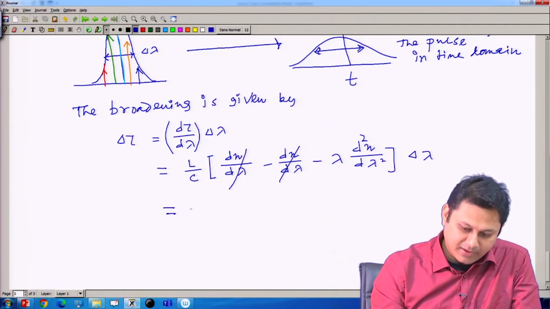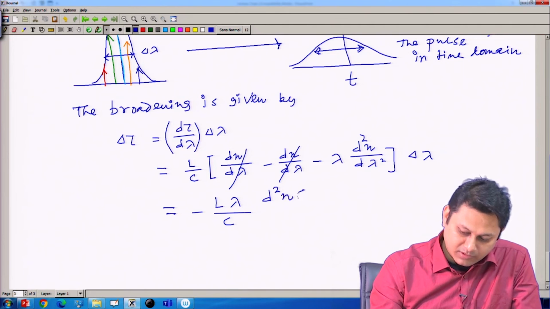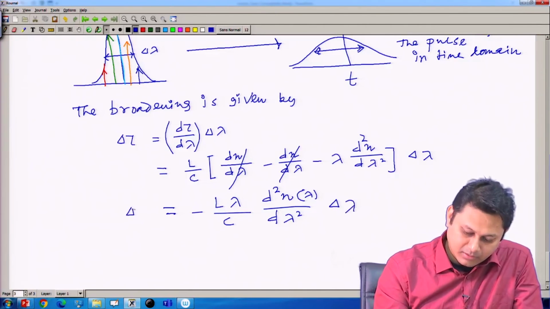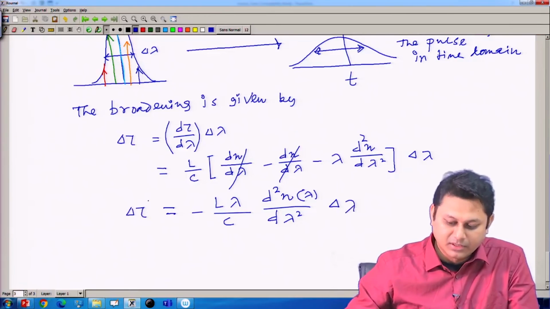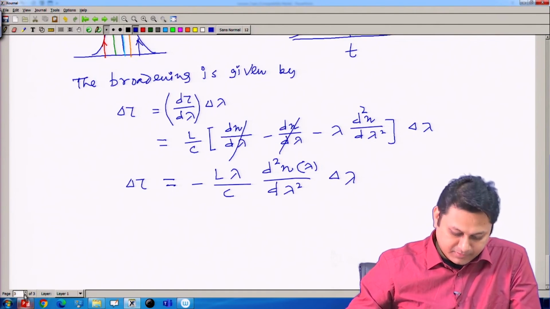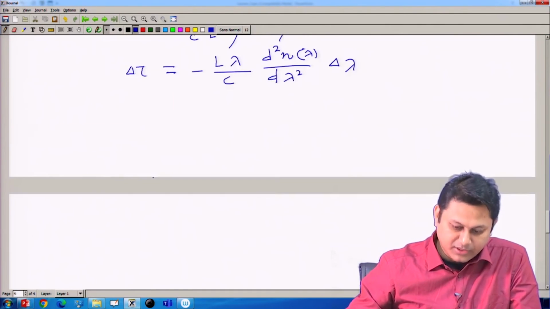So eventually I have minus of L lambda divided by c, d2n of lambda d lambda square, multiplied by delta lambda. This is my delta tau, the measurement of the temporal broadening.